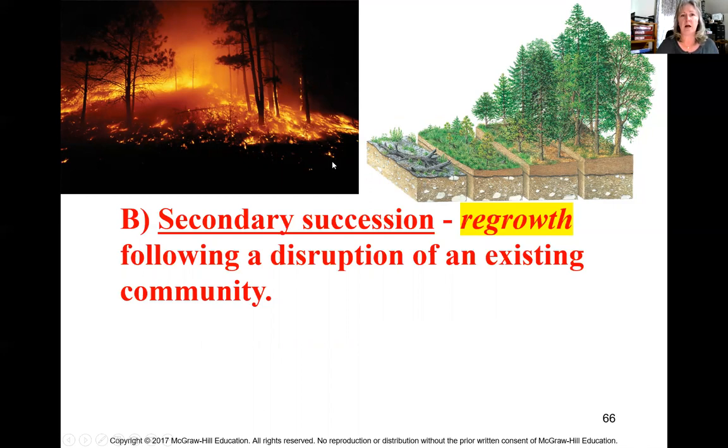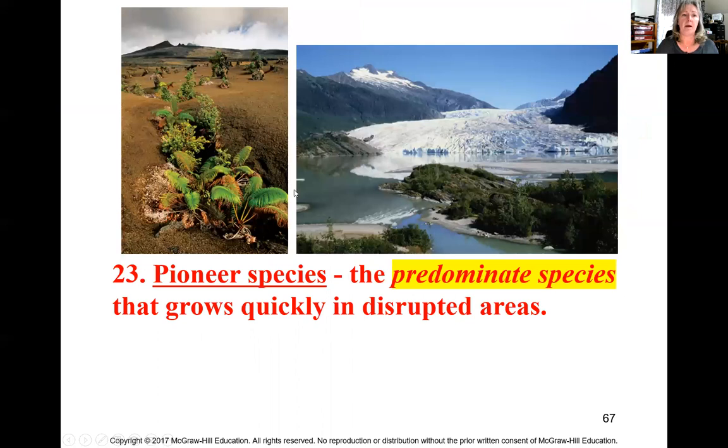Even in a forest fire, many times the seeds will survive because they're down in the ground. So secondary succession is when you get a regrowth after it's been disrupted. And even if all these animals that once lived here are gone, eventually over this ecological succession, the animals may return, but it will take a while.